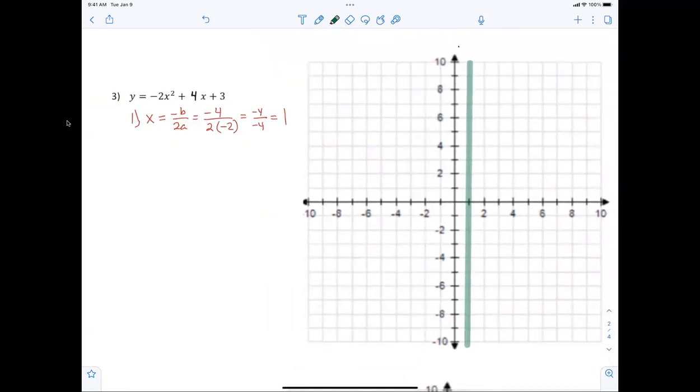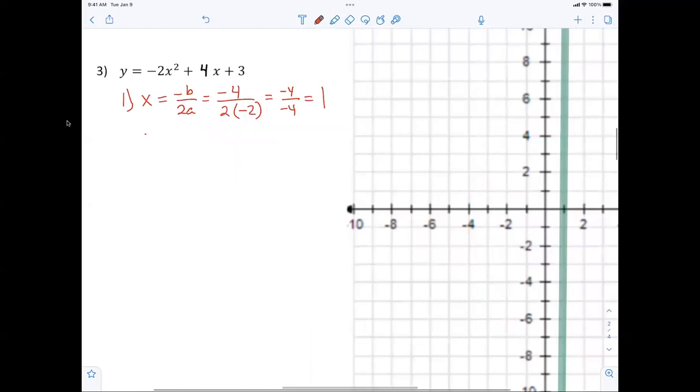Now, what do I do with that 1? Plug it in, right? So I want everybody to say f of 1 is equal to -2 times 1 squared plus 4 times 1 plus 3. Let's do the mental math here. What's 1 squared?